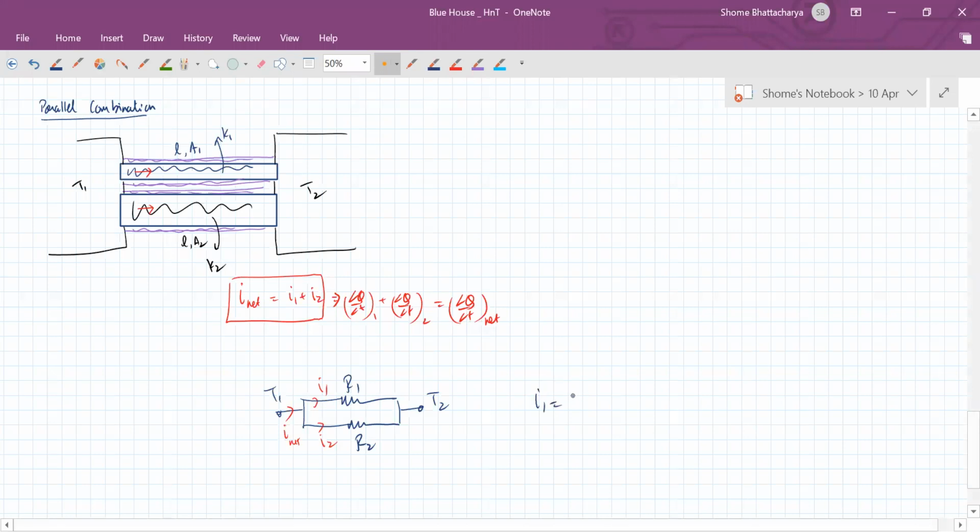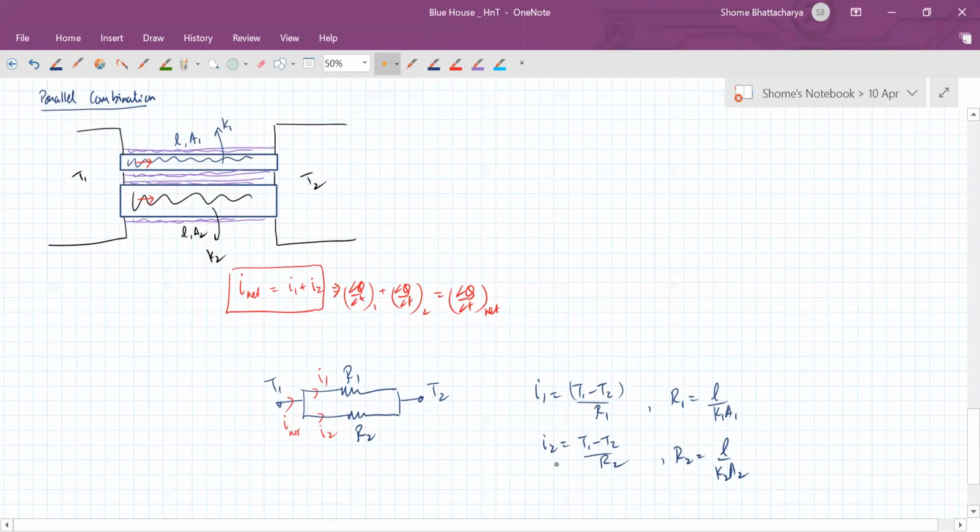So I1 is equal to T1 minus T2 divided by R1. I2 is equal to T1 minus T2 divided by R2, where R1 is L1 upon, or rather in this case, common length, so L upon K1 A1, and R2 is that same length but divided by different K into different area. Okay.